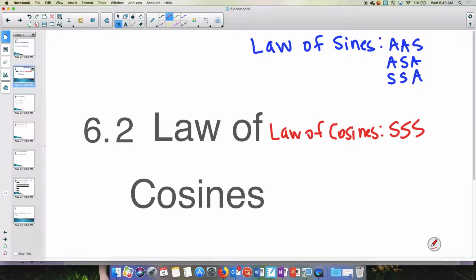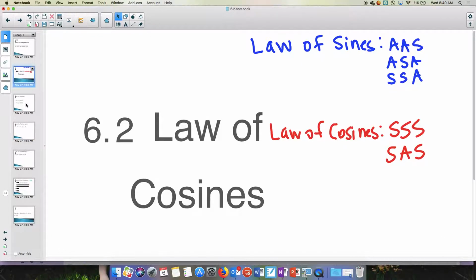Side, side, angle. And side, angle, side. SAS. Yes. These are the scenarios that would require you to begin with the law of cosines.